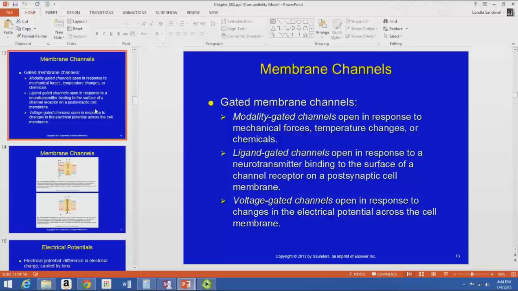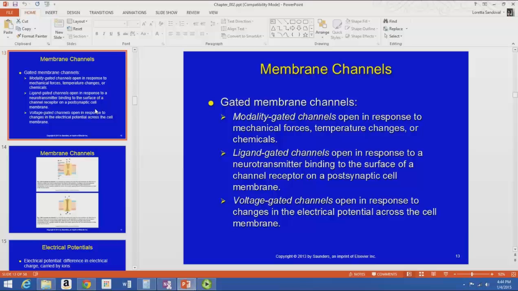But also, that's just any pressure on a sensory nerve ending, any temperature change, chemical change, or mechanical change that stimulates that sensory nerve ending, that opens those modality-gated channels, and it sets off the cascade of nerve transmission. So we'll look at another diagram from the book in a few minutes that shows the whole cascade.